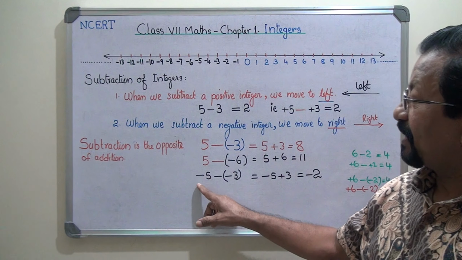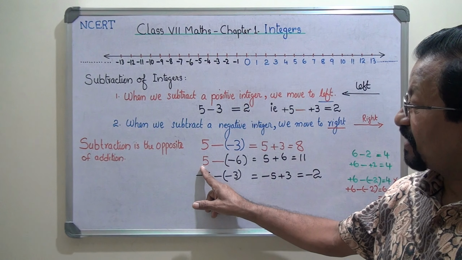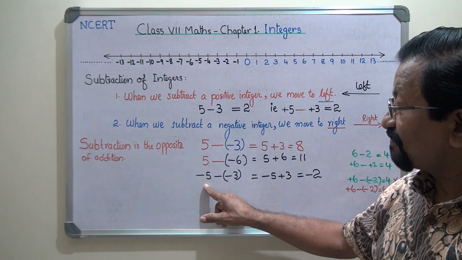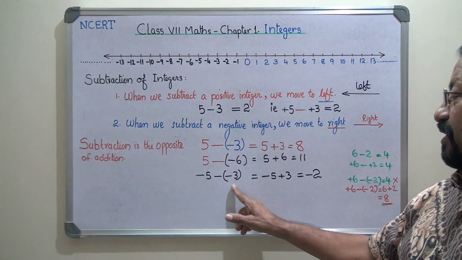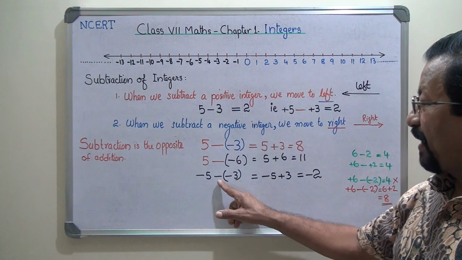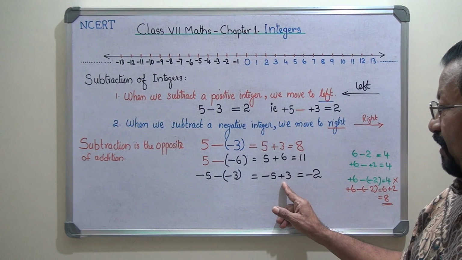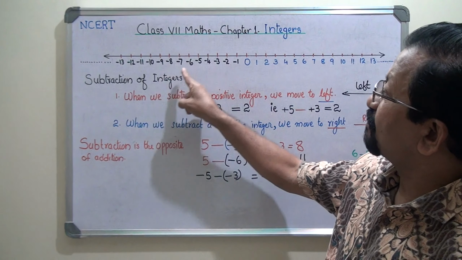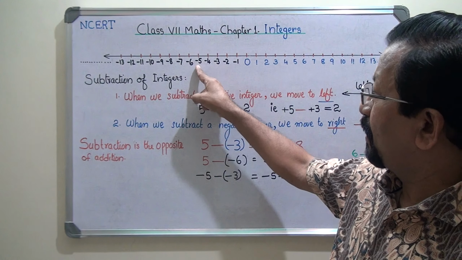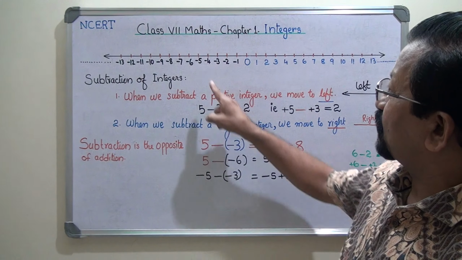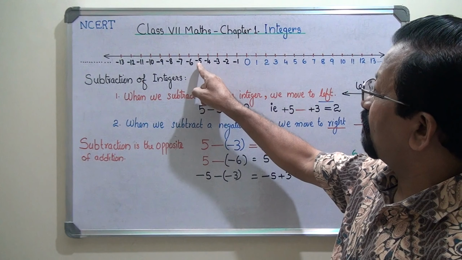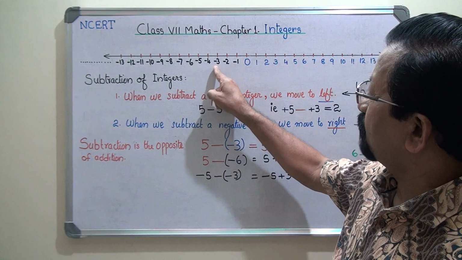Now here, instead of plus 5, the integer I am taking as minus 5. Minus 5 minus of minus 3: minus 5, no change. Minus of minus is plus 3, that is minus 2. See, minus 5, we were here on the number line. Minus of minus 3 is plus 3. So we are going 3 steps ahead. From minus 5, 1 step, 2 step, 3 step.